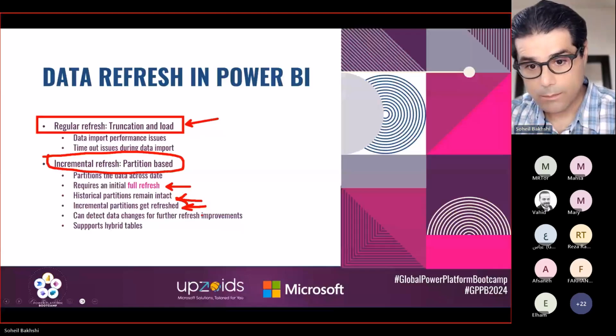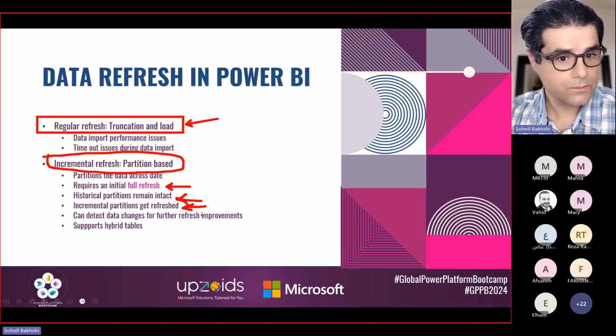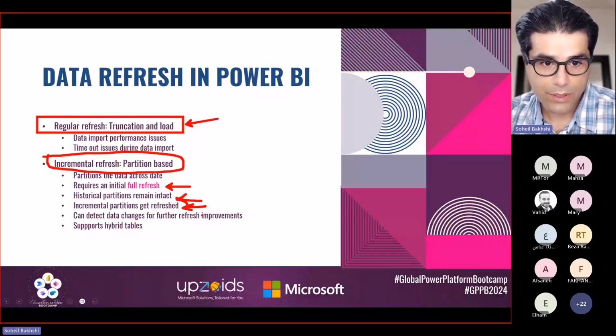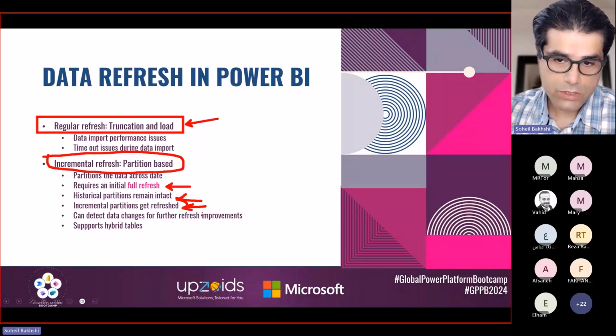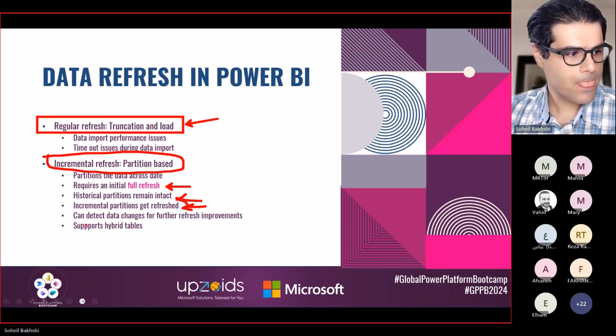So we publish our data model into Fabric. We refresh it for the first time, so it creates partitions and it populates the partitions with the data. After that point, whatever refreshes happen, the historical partitions remain intact and incremental partitions will get refreshed.